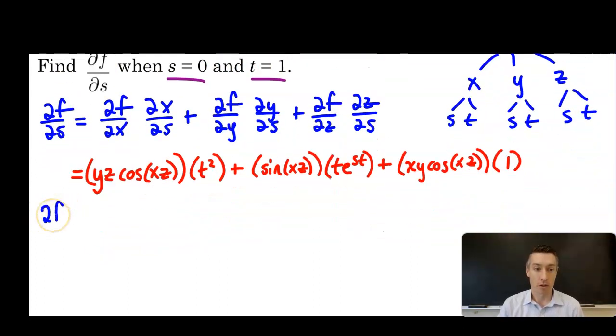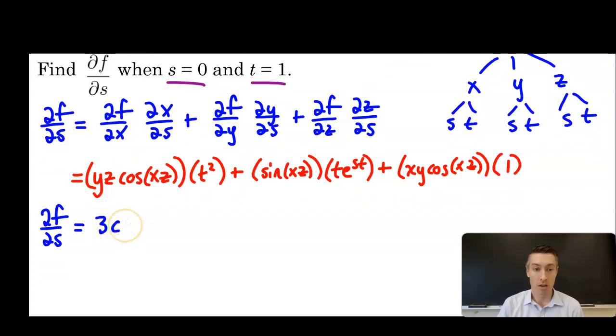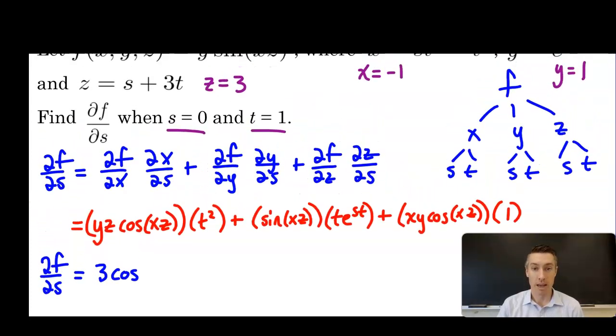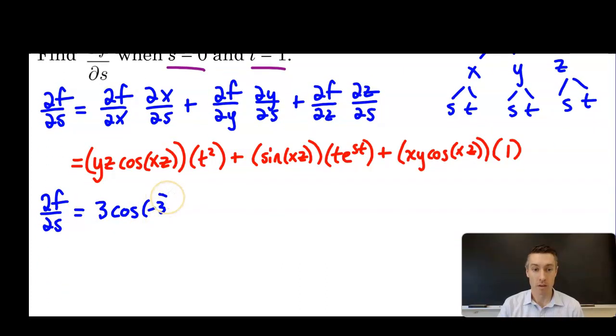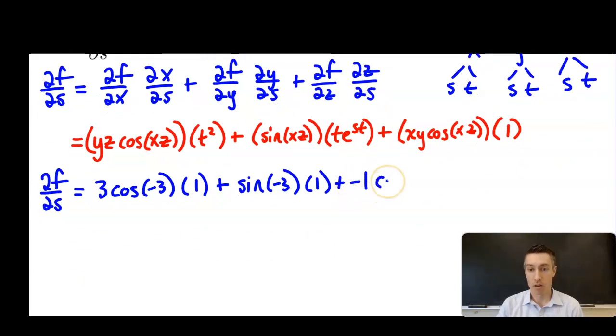So the partial of the function with respect to s. So y is 1, z is 3, so we get 3 cosine of xz, so negative 3, times t squared, which is 1, and then plus sine of negative 3, and then e to the 0 is 1 times 1 is 1, and then plus xy, which is negative 1, cosine of negative 3 times 1.